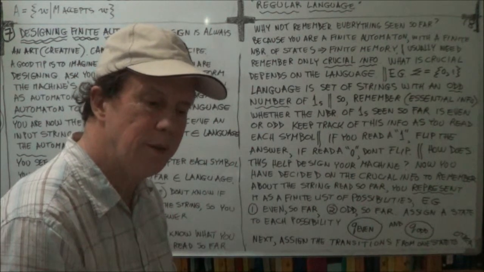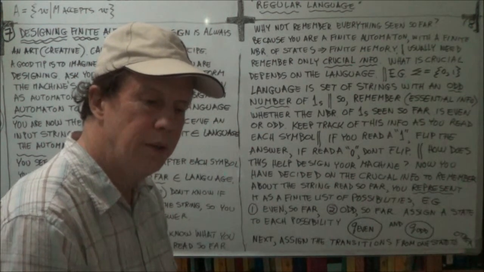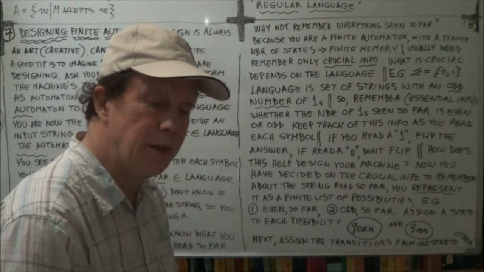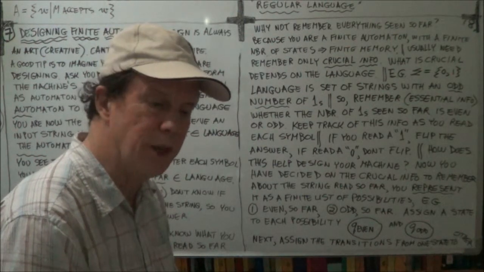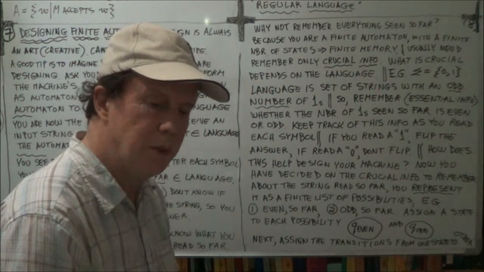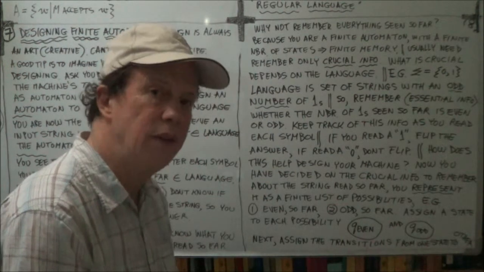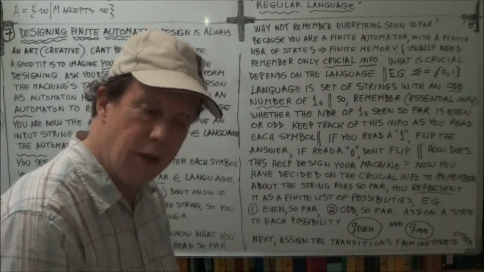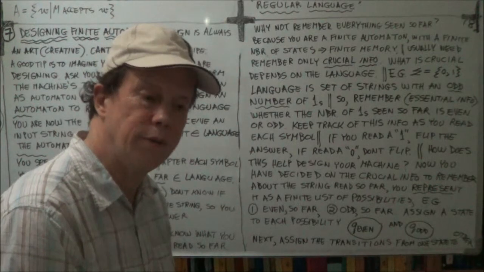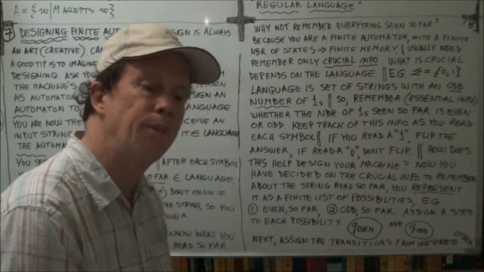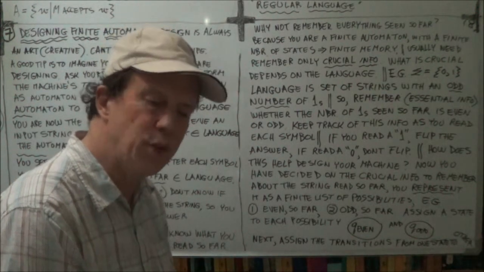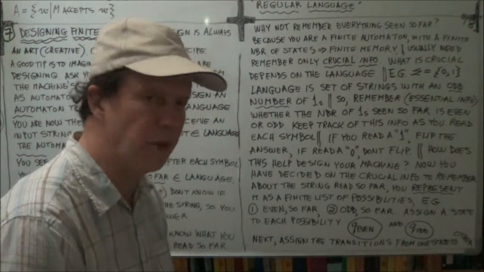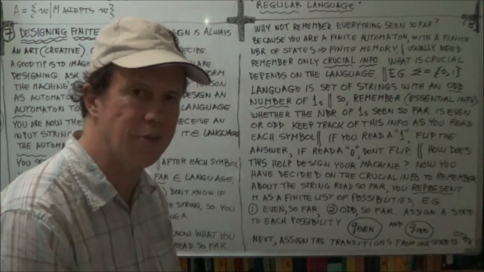And so let's say so far that an even number of ones have come in. Well, if another one comes in, now you've got an odd number of ones, right? So you don't need to count the actual number of ones, like it's 7 or 38 or 192. That's irrelevant.